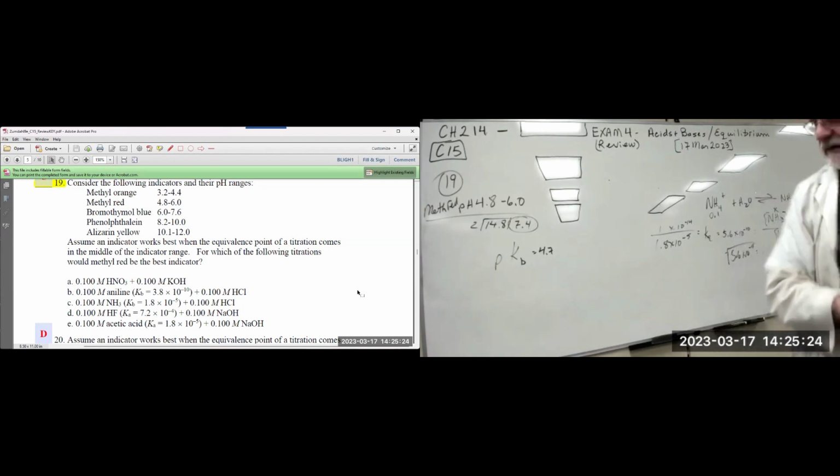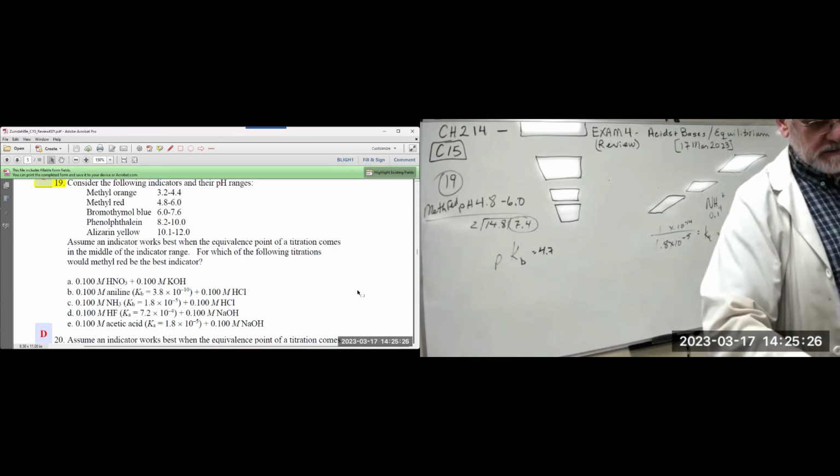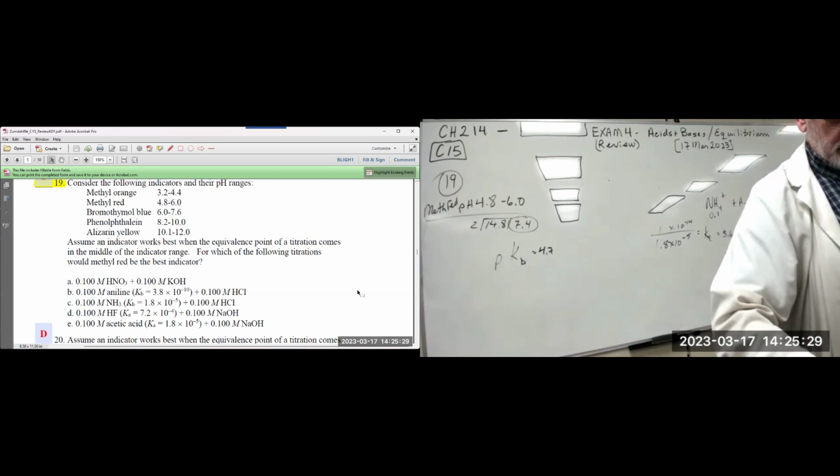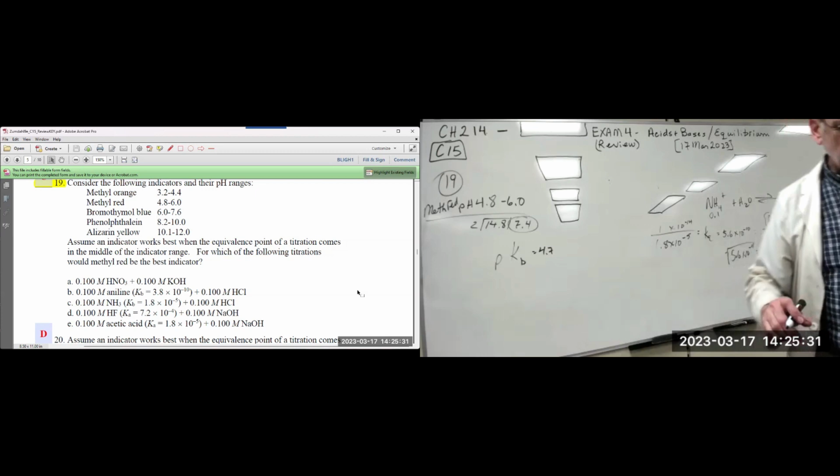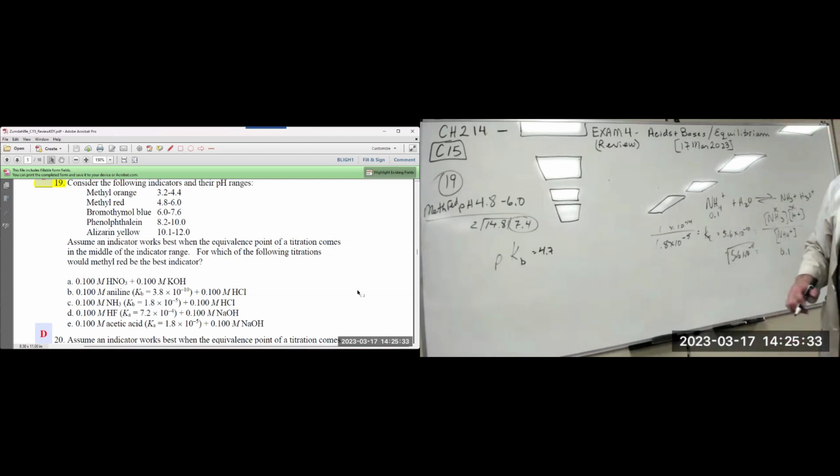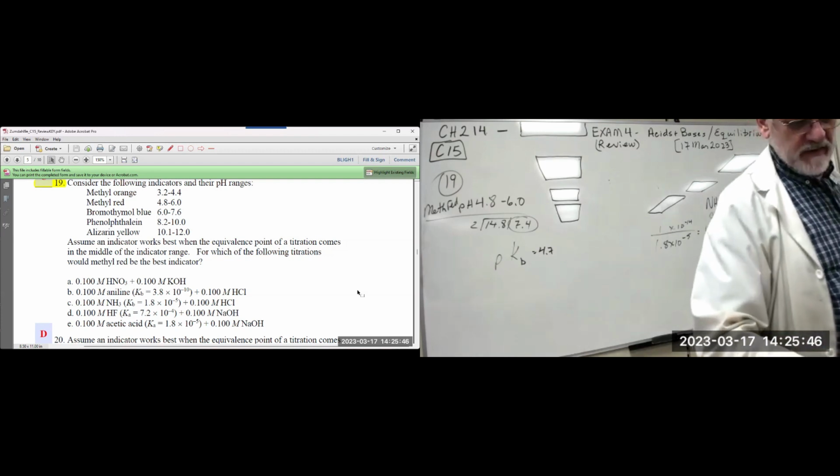Exponent minus 11, take the square root of that: 7.48 times 10 to the minus 6 equals hydrogen ion concentration. So the pH would be the negative log of that.